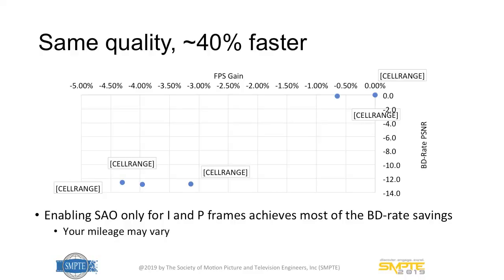The result is interesting. Without looking too much into the numbers, you can get the same quality as full SAO if you only run on I and P frames. You actually don't really gain much from running on B frames, and this gives you a 40% gain, to be more precise, 40% gain in the time it takes you to do SAO.